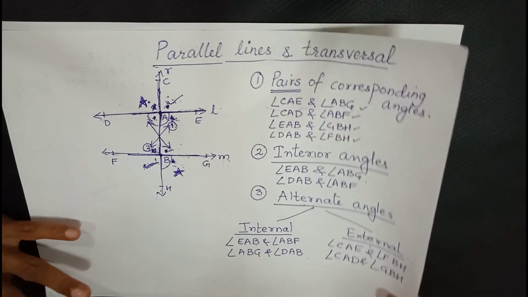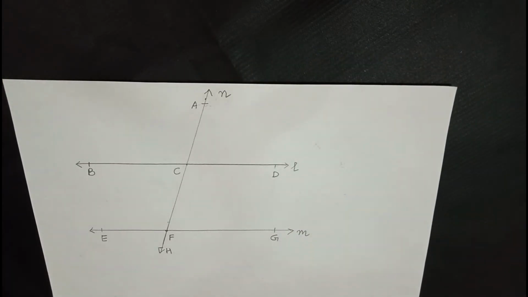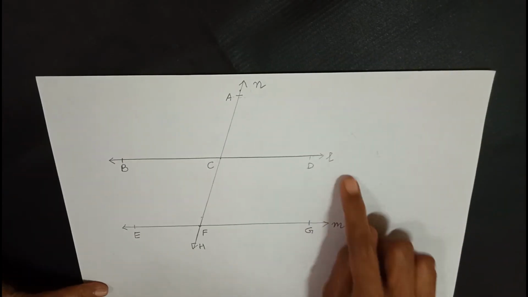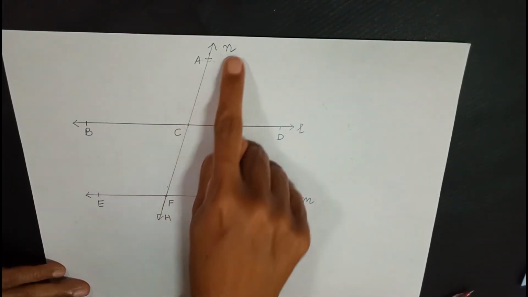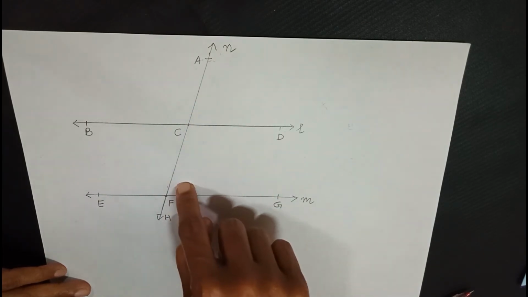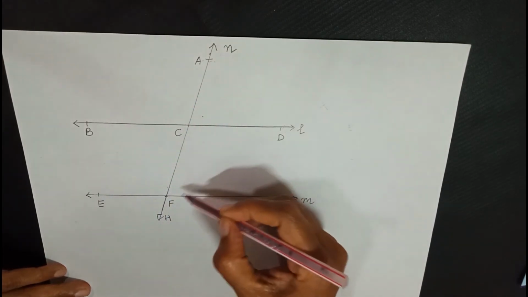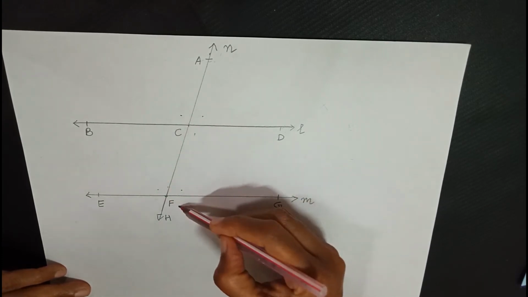So let's take another diagram and understand it. Let us say here I have a diagram where line L is parallel to line M and we have a transversal N. Now you can see this angle and this angle will be corresponding angles. These two are corresponding angles, one below the parallel line.